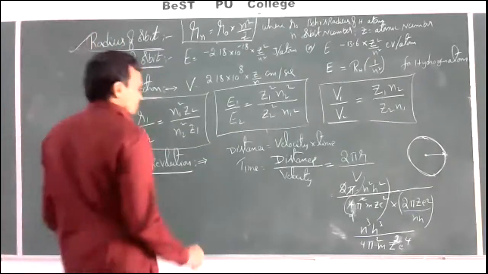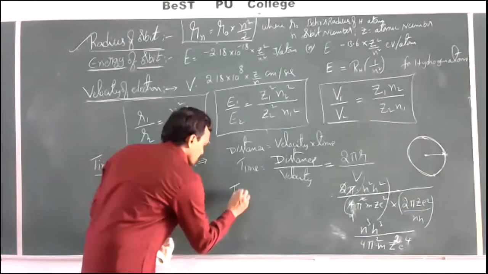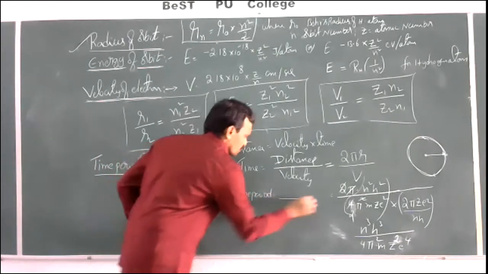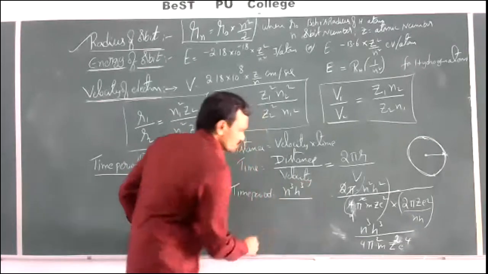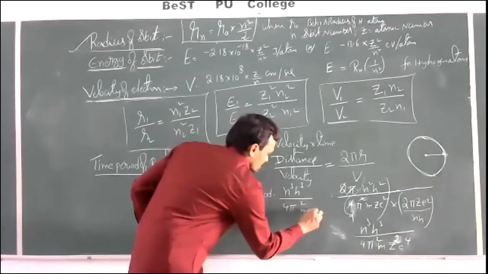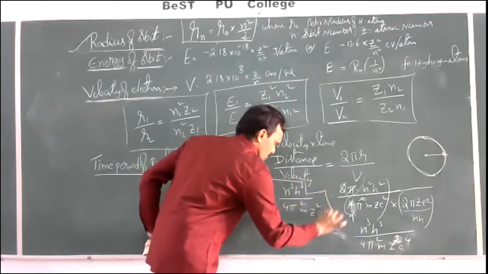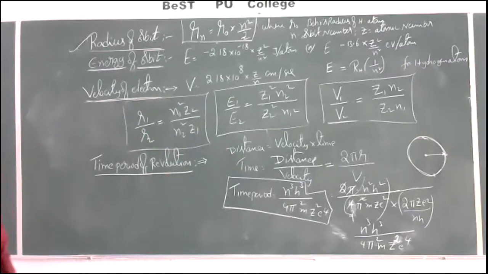So overall, the final expression for the time period is equal to n cube h cube by 4 pi square mz square e power 4. This is the expression for the time period of revolution.